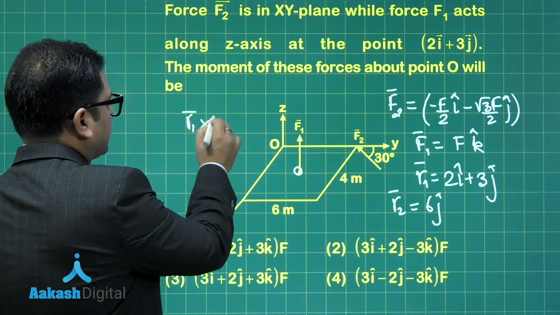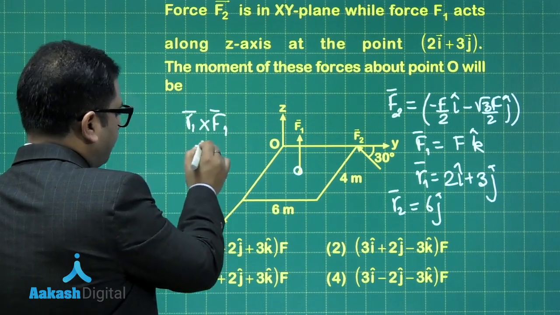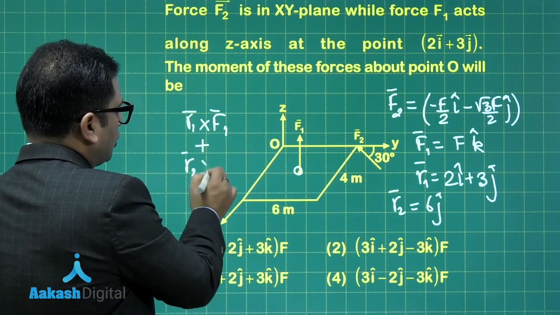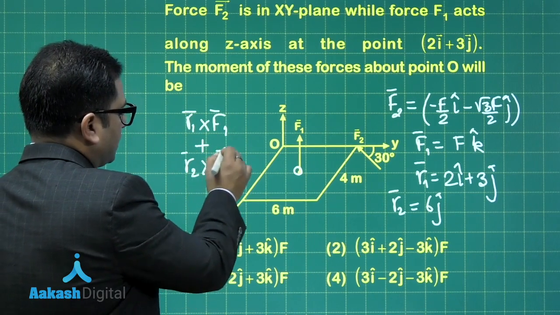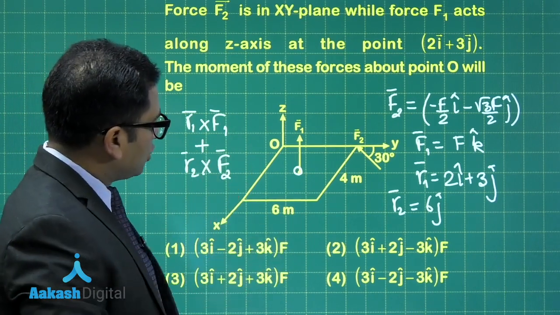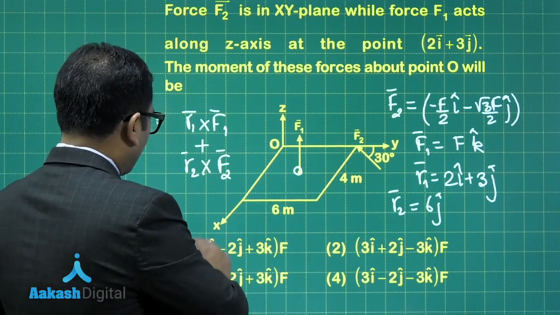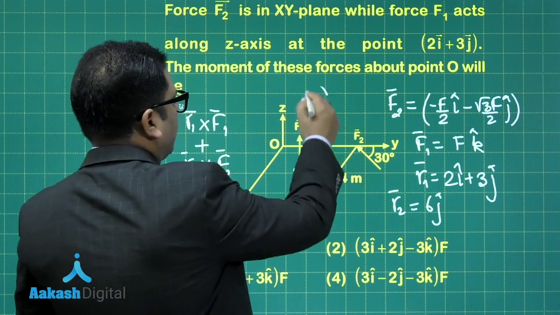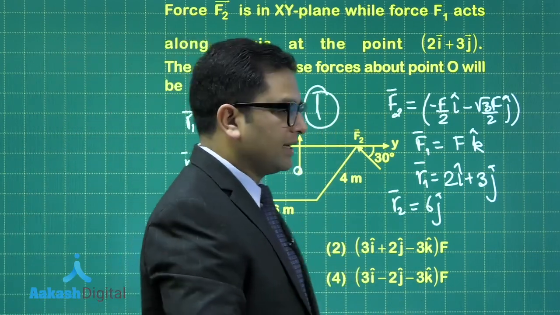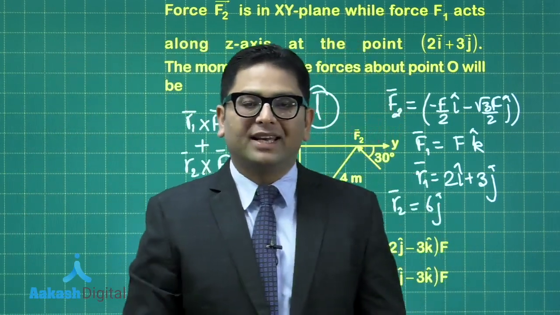R1 cross F1 plus R2 cross F2. And when you do that, you are going to get your answer matched with option number 1. So option number 1 is the correct one for this. It's now time we move to the next question.